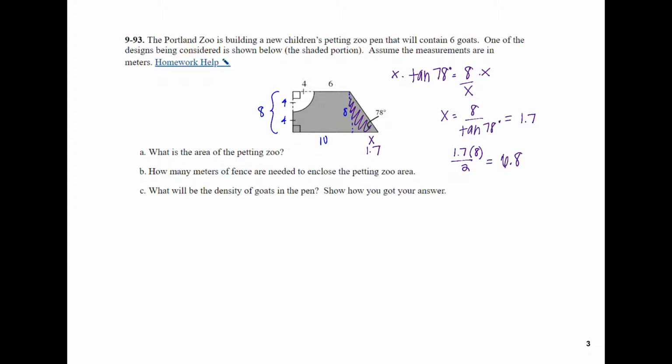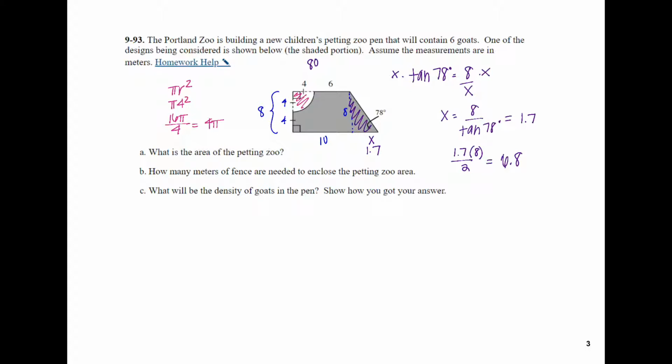We can take the area of the rectangle, which would be 80, 8 times 10, and subtract out 1/4 of this circle, which the area of the circle would be pi r squared. So pi times 4 squared is 16 pi. We only want 1/4 of that, so divide that by 4, and we get 4 pi.